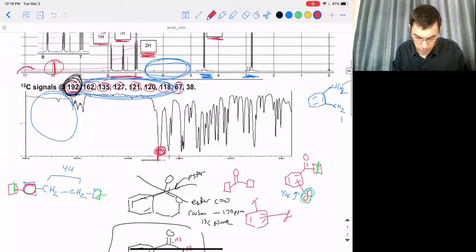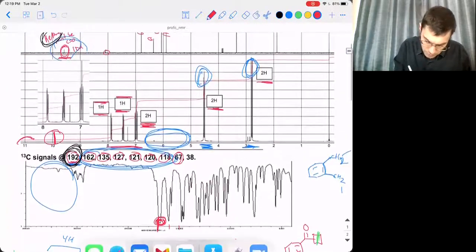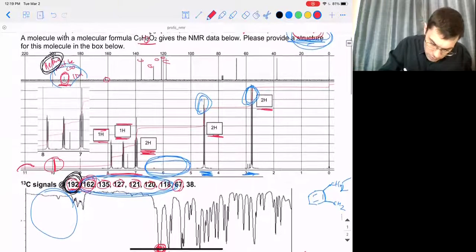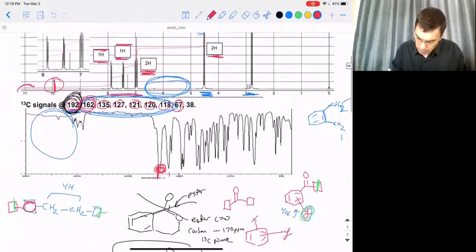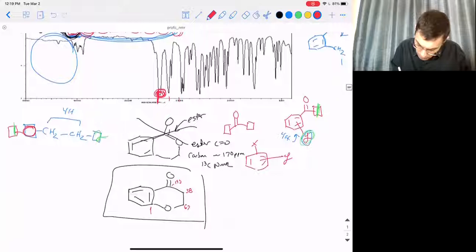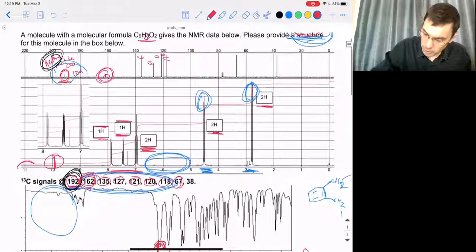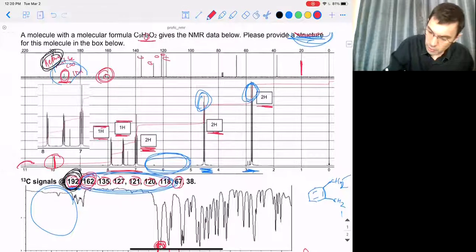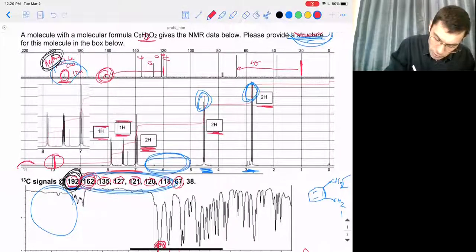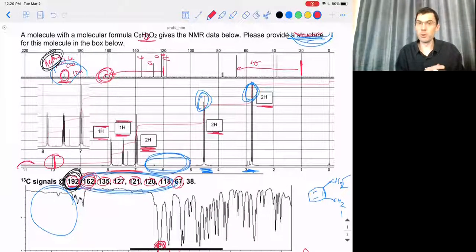It turns out that the signal down at 162, which is this one, is pretty indicative of being directly bound to a heteroatom. And so if we think about things in the carbon NMR, remember if we have our generic carbon shift and it becomes oxygenated, there we might say that that's plus 45-ish or so ppm. Well, if we take something here at 120 and we add 45 to it, we get to pretty much the same chemical shift range.